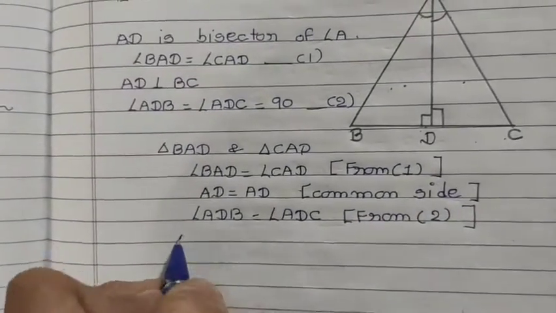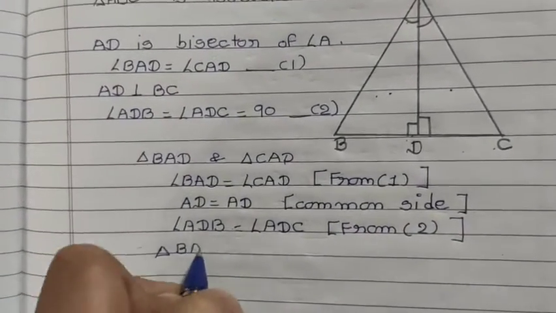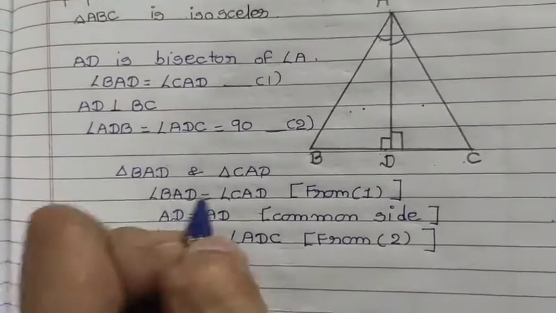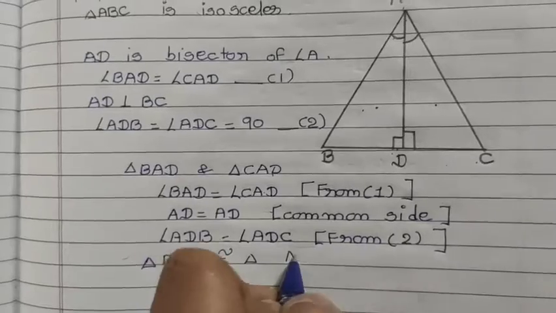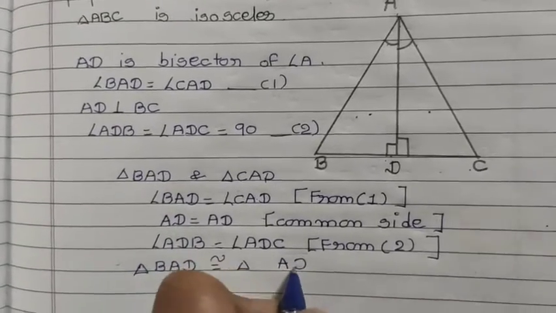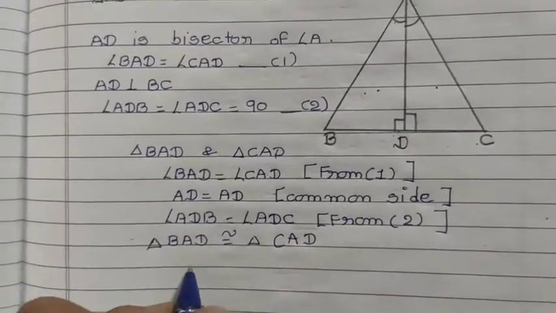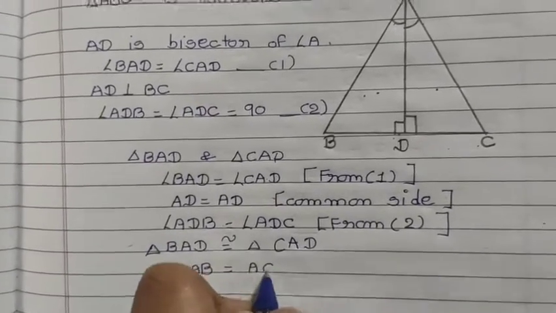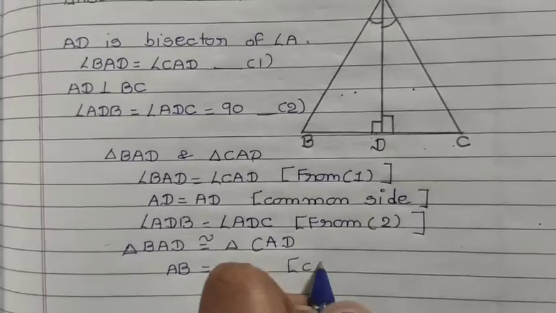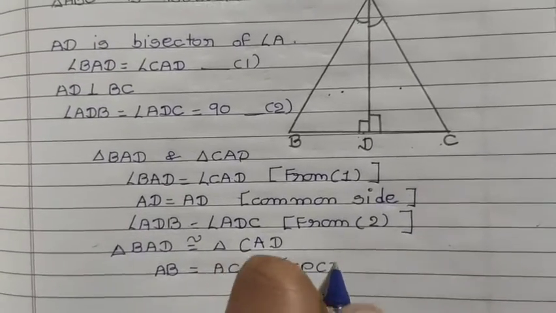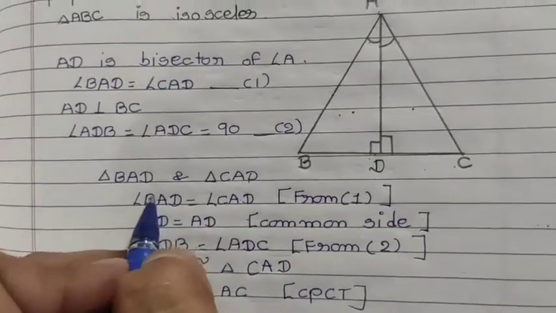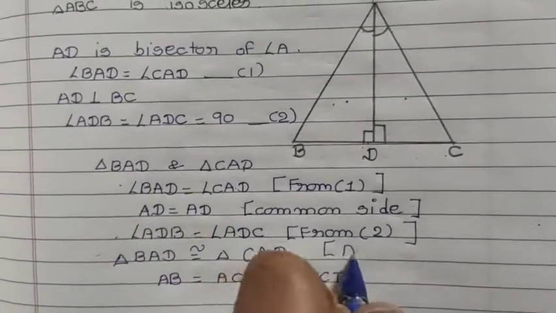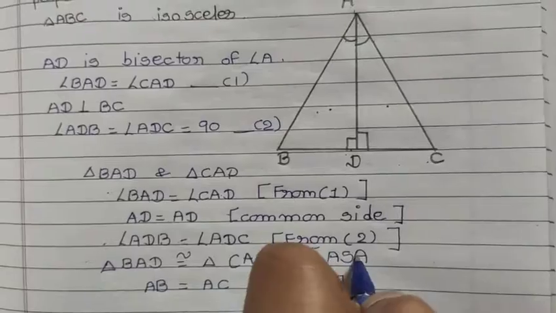That means triangle BAD is congruent to triangle CAD, with A as A, D as D, C as C. That means AB is equal to AC by CPCT, since these two triangles are congruent by two angles and the side between them, so by ASA rule.